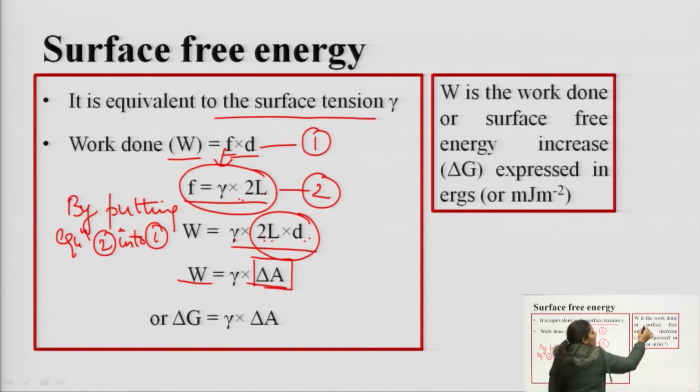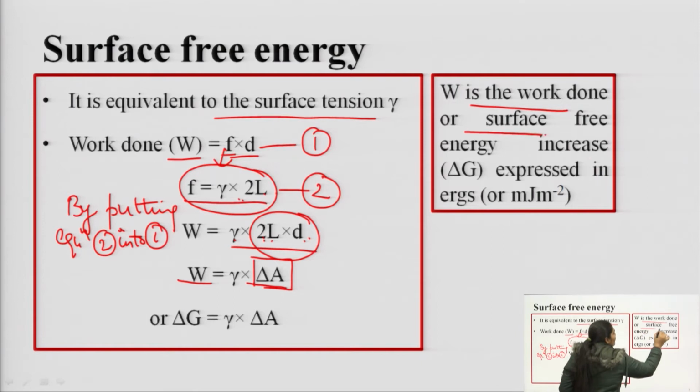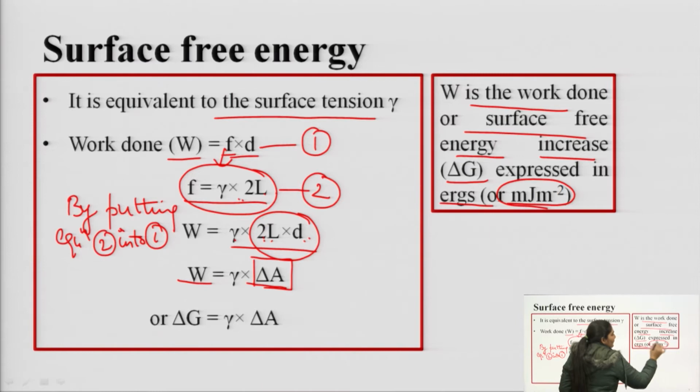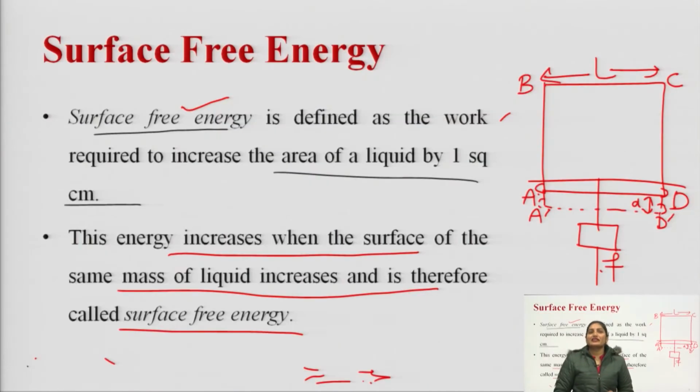W is the work done or surface free energy increase, that is expressed by delta G, and the unit of delta G is ergs or millijoule per square meter. Okay. So, what is surface free energy? It is defined as the work required to increase the area of the liquid by 1 square centimeter.